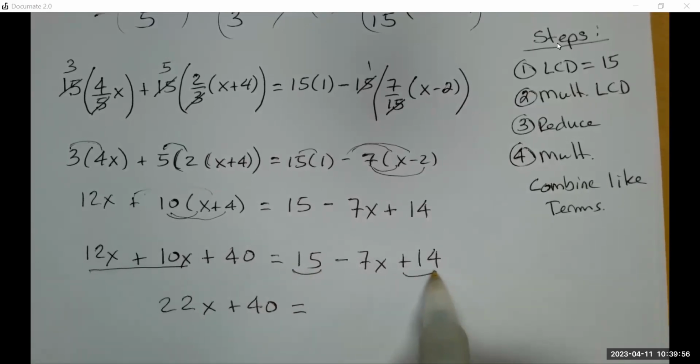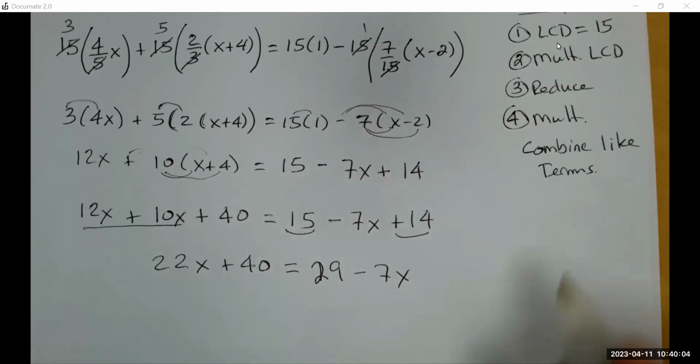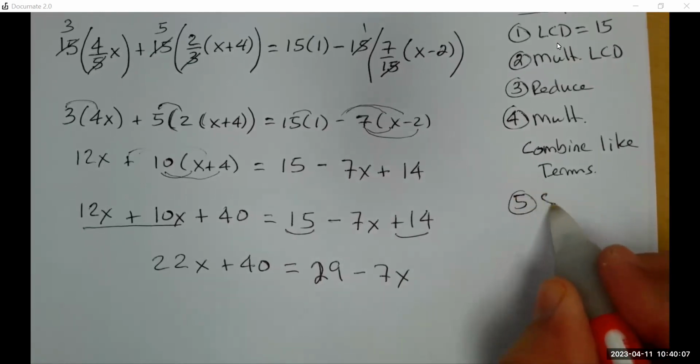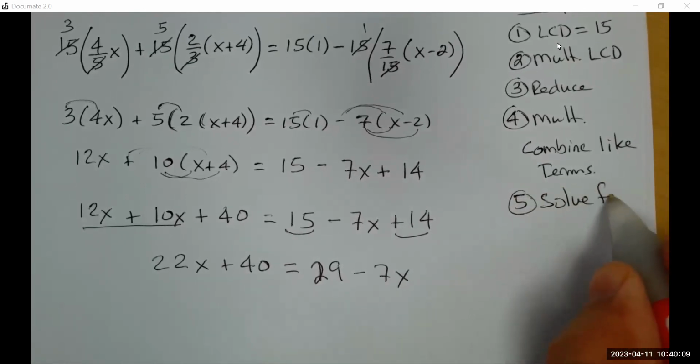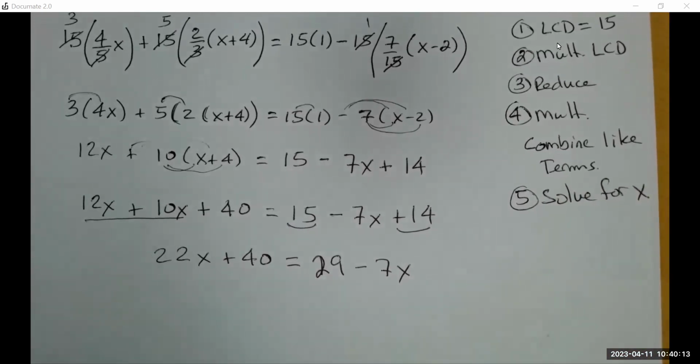There, 15 plus 14 is 29 minus 7x. And the last step, solve for x.